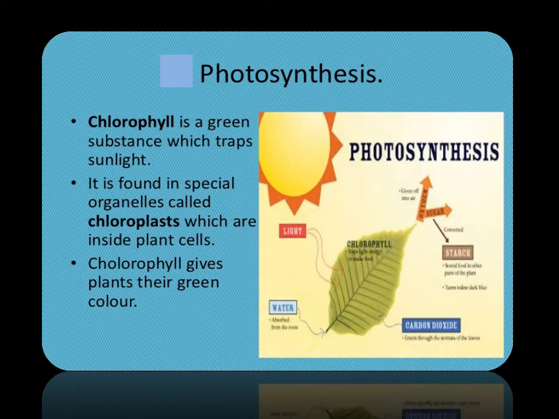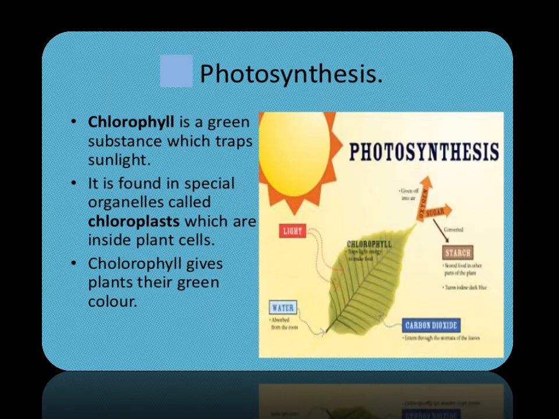Now you can see in the picture there is a leaf which has a green color. This green color is present due to the presence of chlorophyll. This chlorophyll helps the leaf to trap the sunlight energy so that it can make the process happen. It is found in special organelles called chloroplasts, which are inside plant cells.